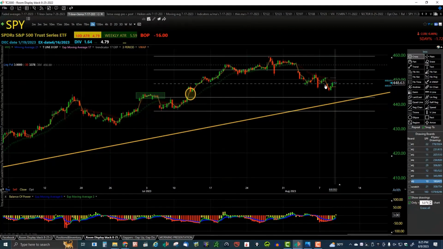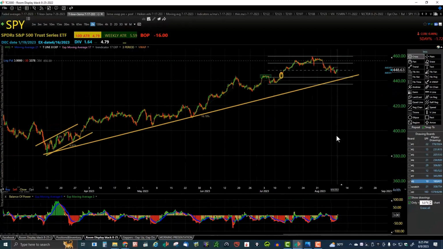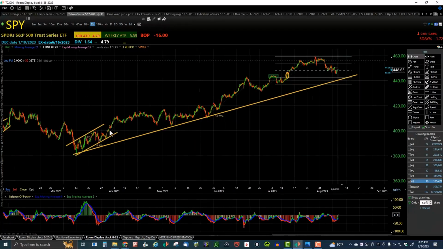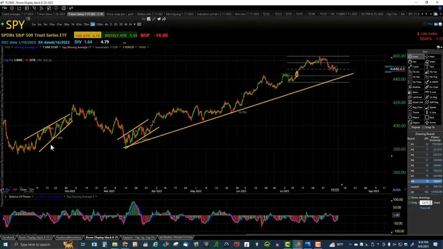As you can see, here's the price action. And we've had the same price action here, making higher lows and higher highs, that wild whippy action that we've had lately. And you can see it breaks out to the upside. Same thing here. Same process, and it breaks out to the upside.